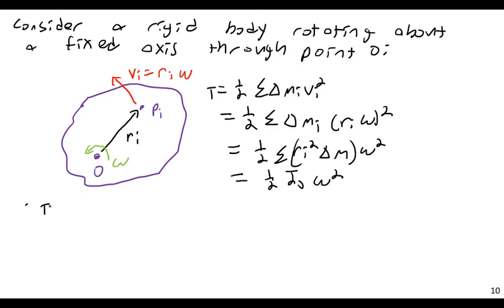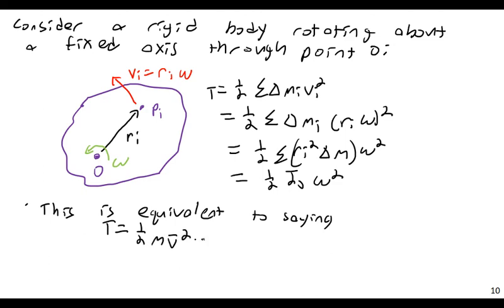So this is equivalent, for the fixed axis, to T equals 1/2 m v bar squared plus 1/2 I naught omega squared.